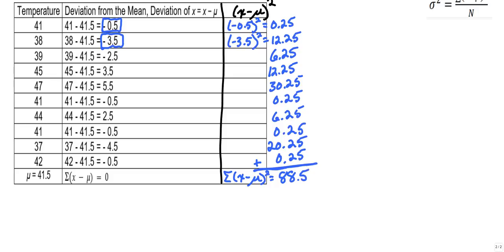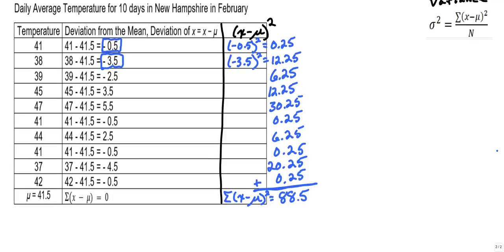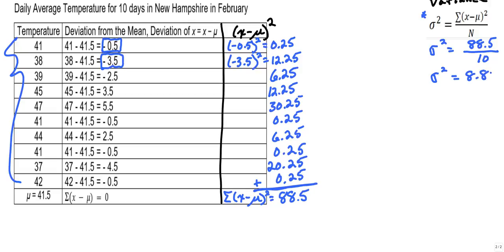Now remember, we want to take that value and put that into our variance formula over here. So the variance is equal to 88.5 divided by n, which we know to be 10 values. Therefore, the variance is equal to 8.85.